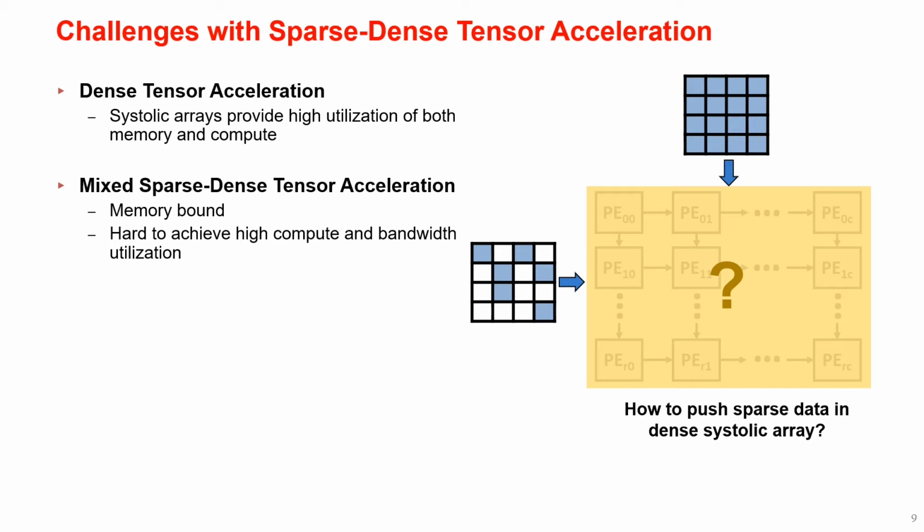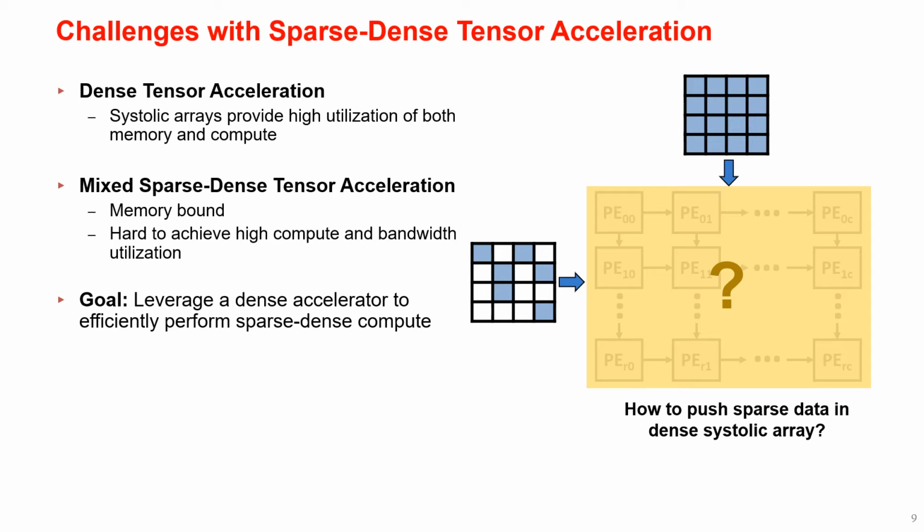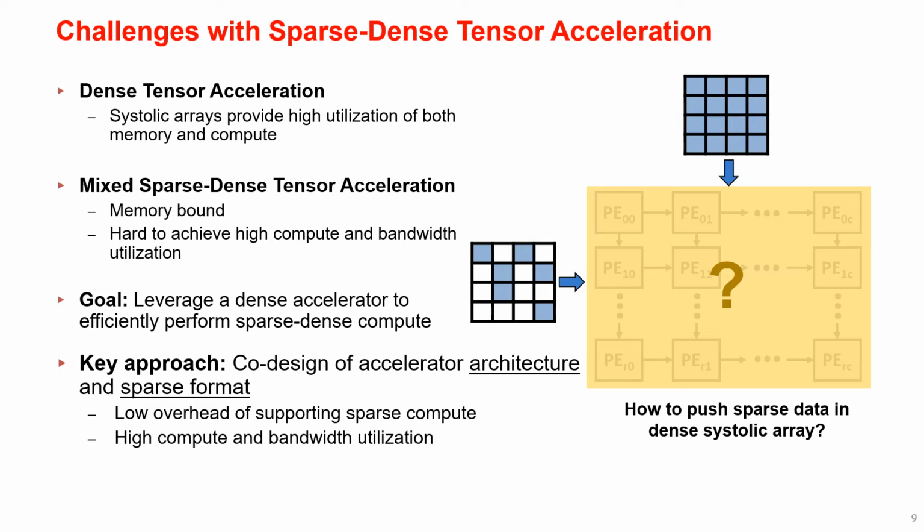Further, these kernels are memory bound and it is very hard to achieve high compute and memory bandwidth utilization. Thus, the goal of this project is how can we design a regular accelerator which can also be efficient for mixed sparse dense tensor kernels. And the way we will do it is by co-designing an accelerator architecture and an efficient sparse storage format. By doing this, we will achieve low overhead of supporting sparse dense tensor compute on dense systolic array and high compute and memory bandwidth utilization.